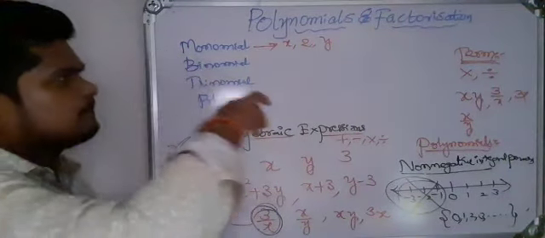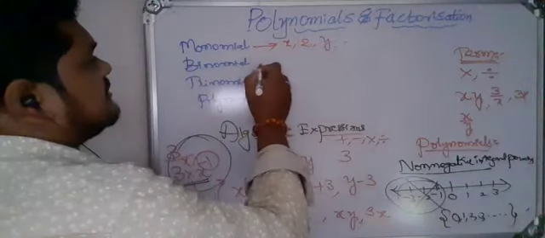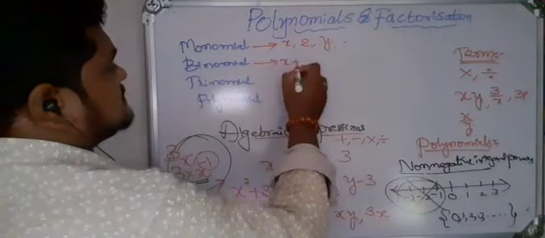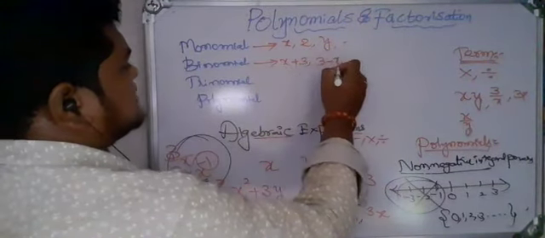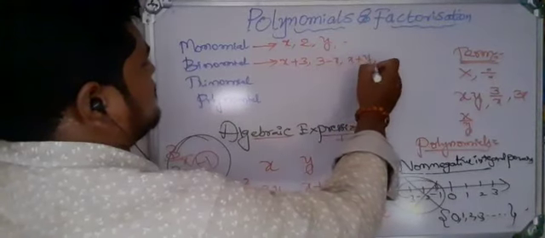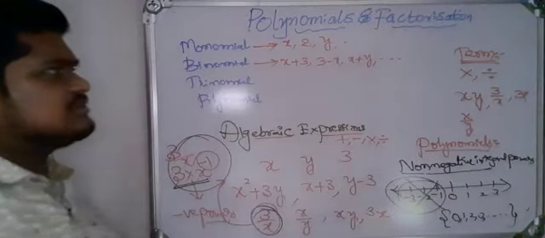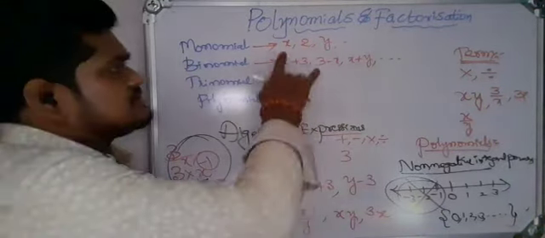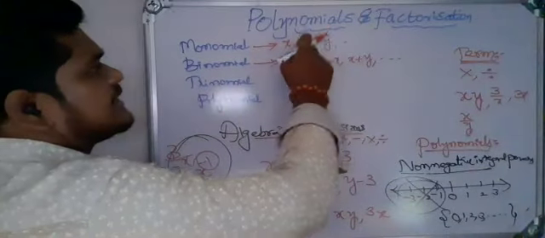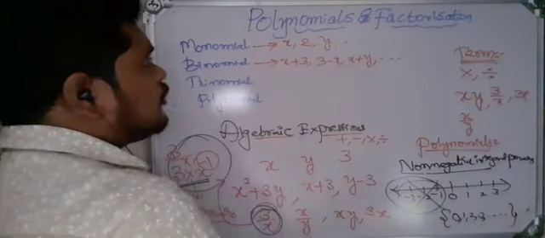Next, for the binomial we take x plus 3, or 3 minus x, or x plus y. These are all examples of the binomial. Observe the powers here: x power 1, x power 2. How can a single constant be a monomial?